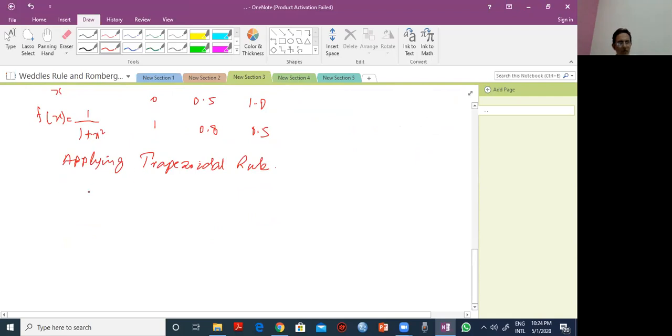Applying the trapezoidal rule, I1 equals, because h is 0.5, 1 over 2 of h times y0 plus yn plus 2 times y1. We call them y0, y1 and yn, the last value being n.